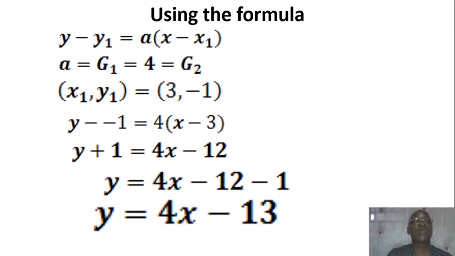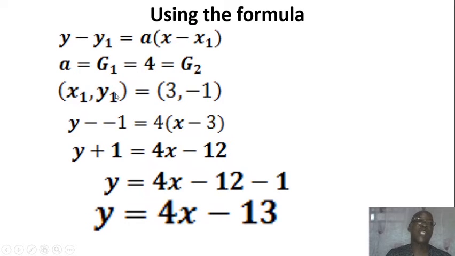We state our equation. Remember the original formula we used the other day. This formula, we call it the gradient one-point formula. A is the gradient, which has been represented by g1 and g2, each of them being equal to 4 because they are parallel.